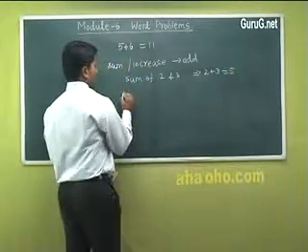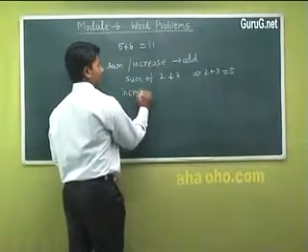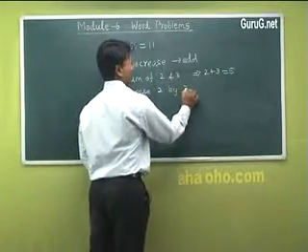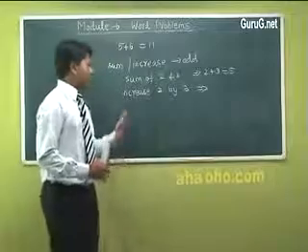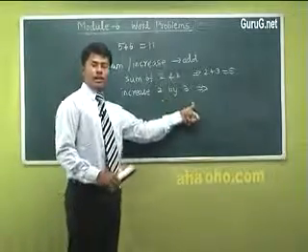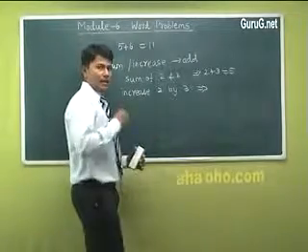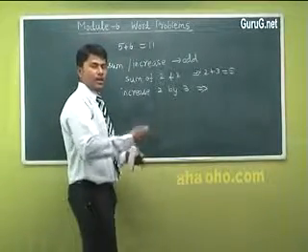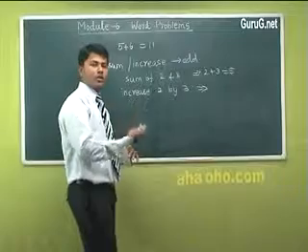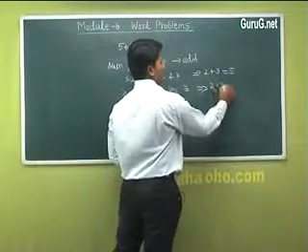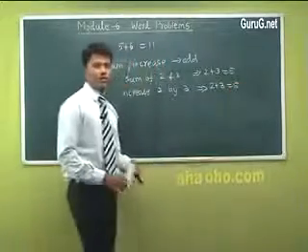Now, increase 2 by 3. What does this mean? It means that you need to add 2 and 3. From 2 increase 3 points, that is 3, 4, 5. So once again it means the same: 2 plus 3 is equal to 5.